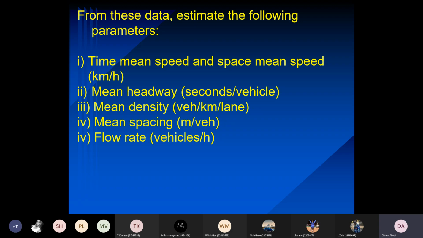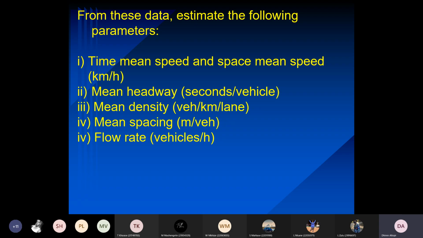The second one, you're required to then estimate the mean headway in seconds per vehicle. So remember, it's your time over N. Your mean density, vehicles per kilometer per lane, is your vehicles over your length. So the density is required in vehicles per kilometer.